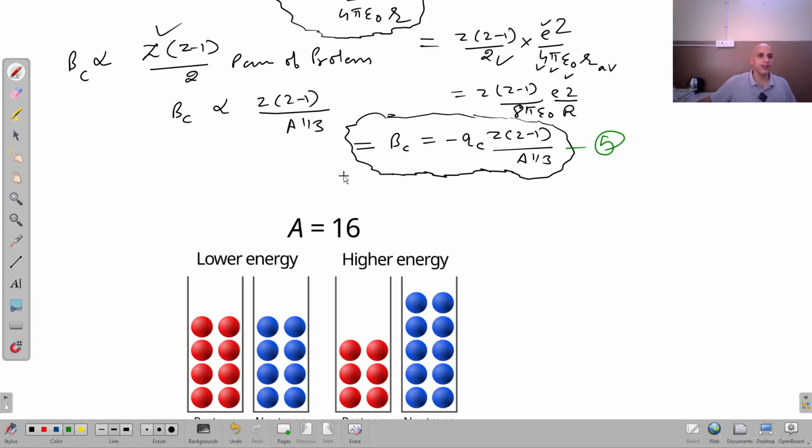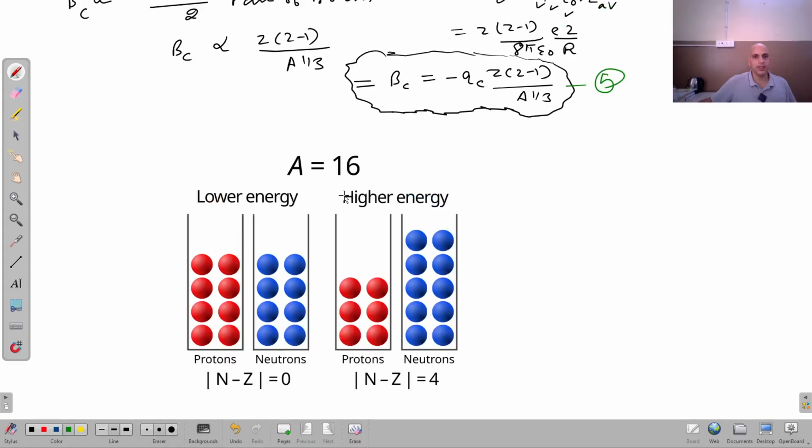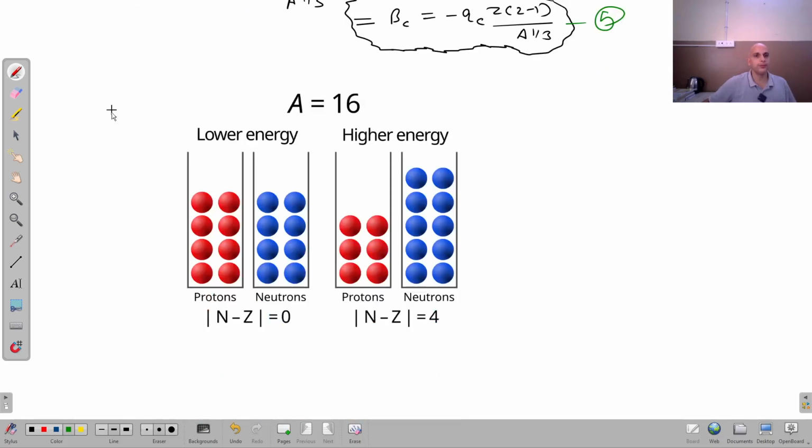You can see here, this was the Coulomb energy, I'm coming to the asymmetry energy. This was the fourth one. Asymmetry energy term. You can see here, when N is equal to Z, both are equally distributed in their respective cells, right, up to this energy level.